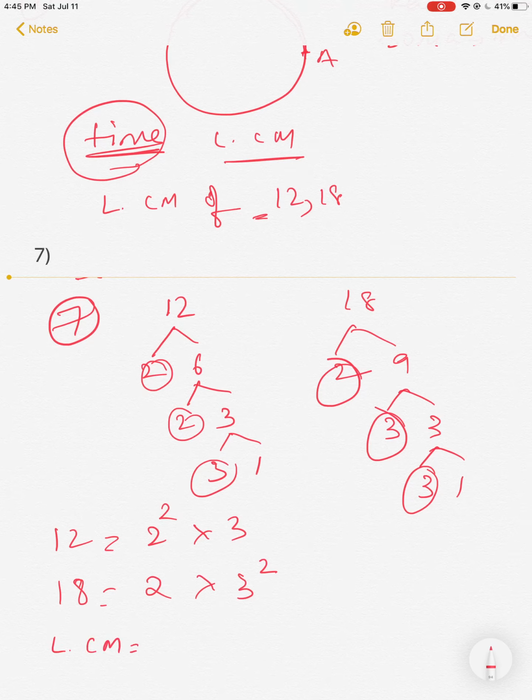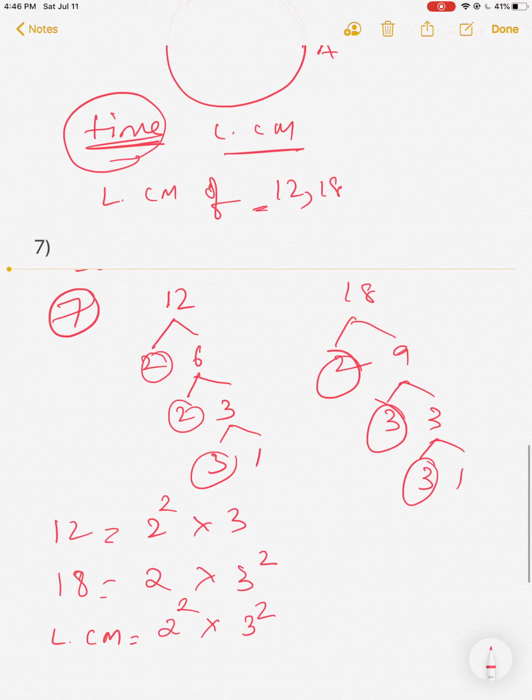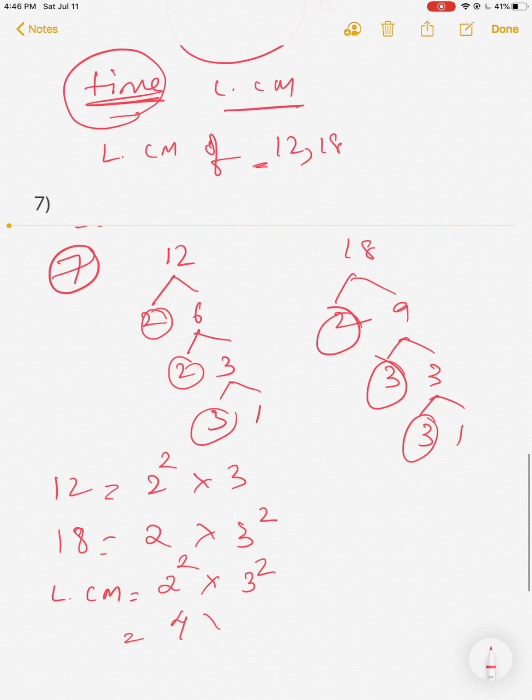For LCM, take the maximum power: 2 squared, and 3 squared. Now 4 into 9 is 36. So after 36 minutes they will be meeting together again.